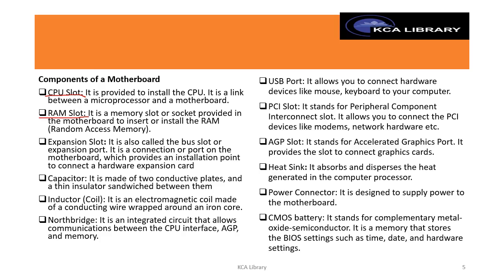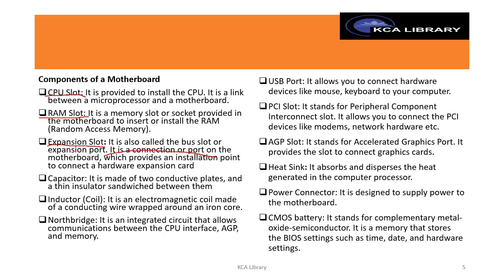We also have the expansion slot, which maybe we can call the bus slot. It is a connection or port to the motherboard, which provides an installation point to connect a hardware expansion card. If you have an expansion card, you can just put it in this expansion slot.